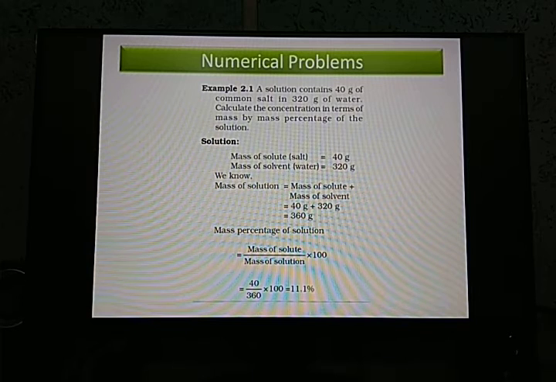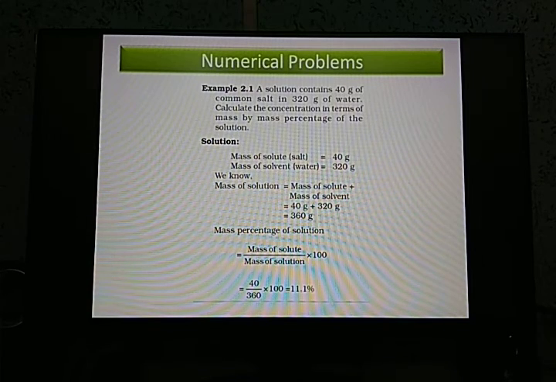I have to calculate the concentration of that solution in terms of mass by mass percentage. What is given to us is mass of the solute 40 gram and mass of the solvent 320 gram. So mass of the solution will become mass of the solute plus mass of the solvent, and that will give us 40 plus 320, that is 360 gram.